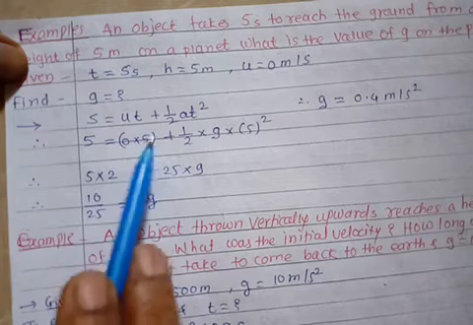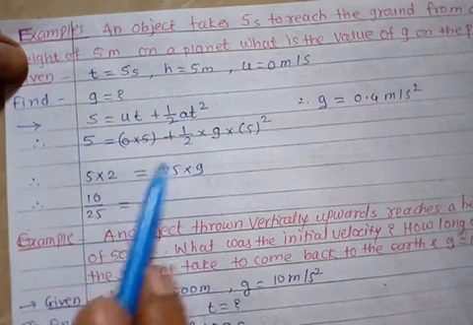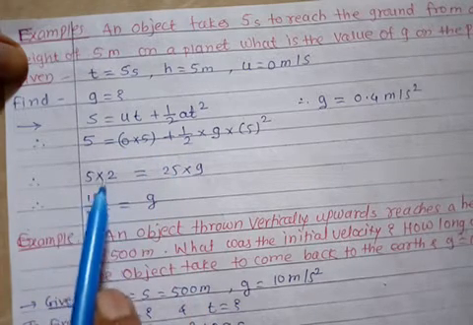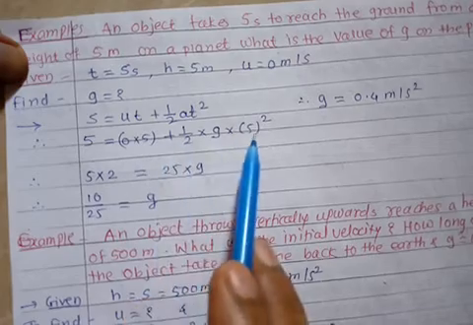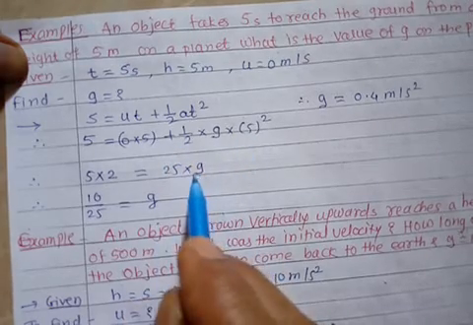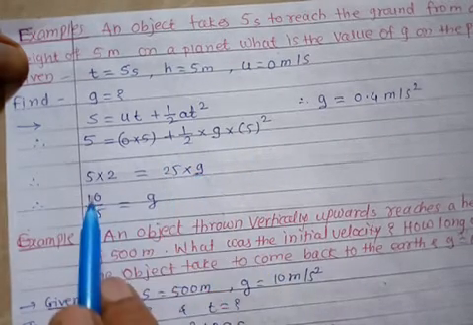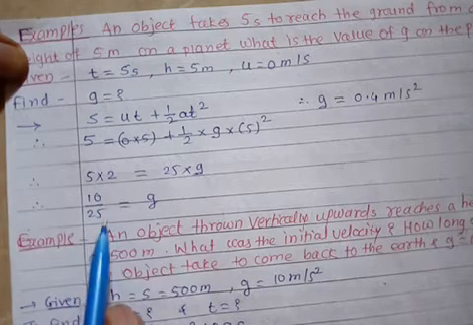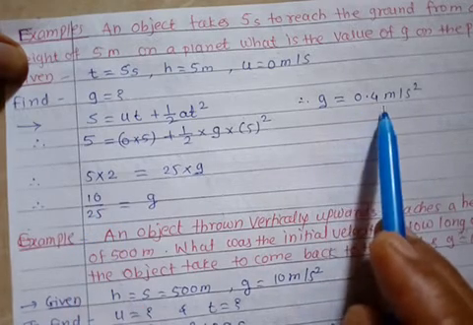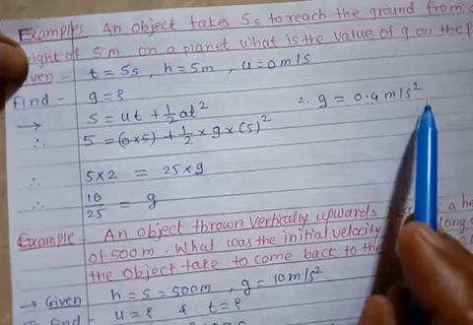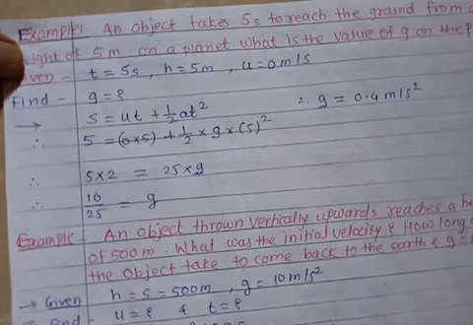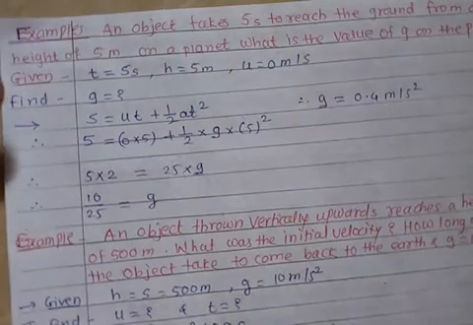The 0 term vanishes. That 2 comes here, that is 5 into 2 is 10, and 25 into g, and that is 25 divides. Therefore 10 by 25, you will get g equals 0.4 meter per second square. That is the gravity on that planet.